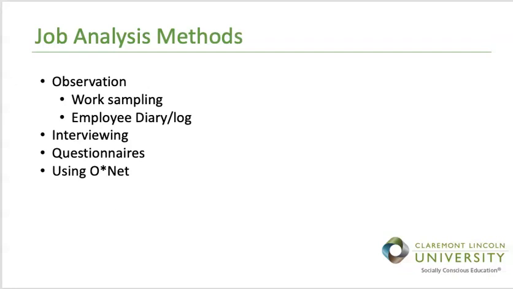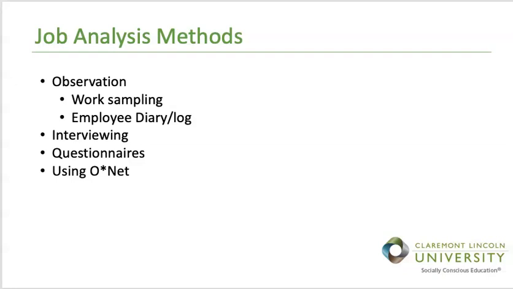What are some actual ways or methods we use to analyze jobs? Observation is perhaps the biggest one and one that I use whenever possible. There's nothing like seeing a person in action performing a job, in my opinion. It's important, however, to couple observation with other methods in order to gather as much accurate and detailed information as possible. Sometimes you're not going to be able to see everything that a person does.